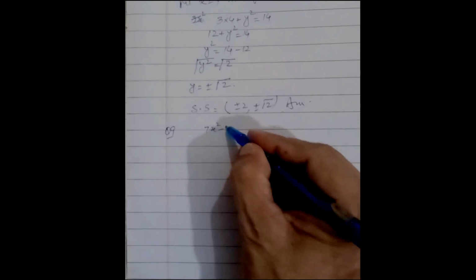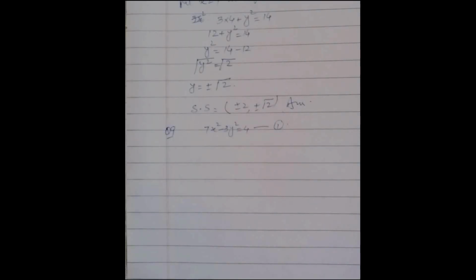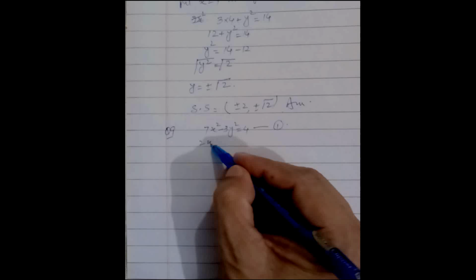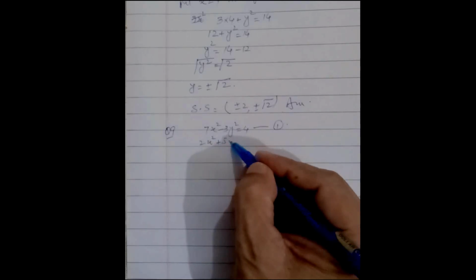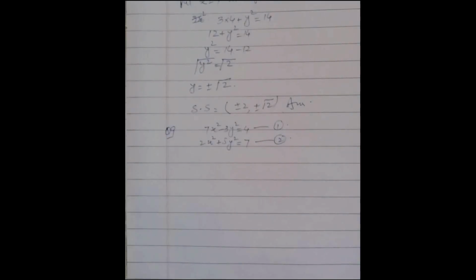7x² − 3y² = 4 is question 1. And the other question is 2x² + 5y² = 7, which is question 2.